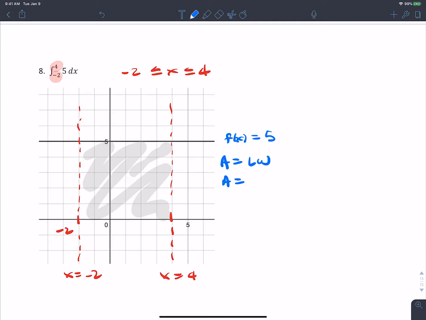Well, 5 minus the negative 2 times 5. 5 plus 2 times 5. 7 times 5. I know the area already. It's 35. I can use geometry. 4. I still got that. Yeah, I still got that number in my head. Okay. 4. What's 7 times 4? So this whole area is 28.